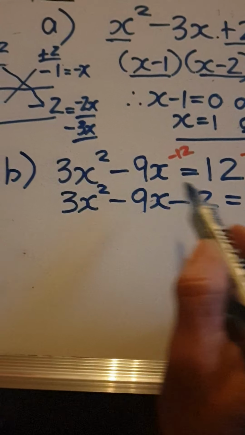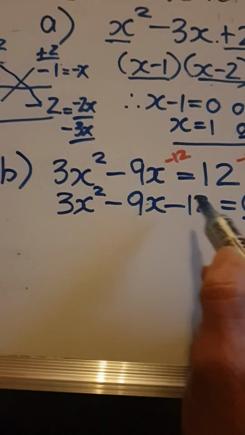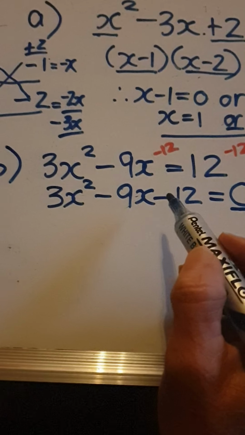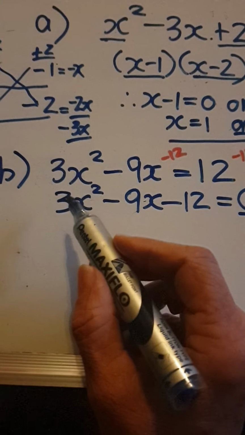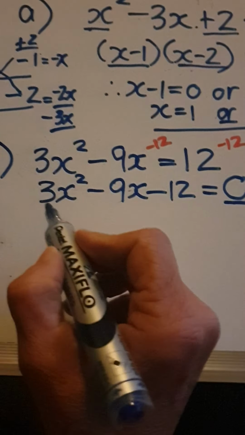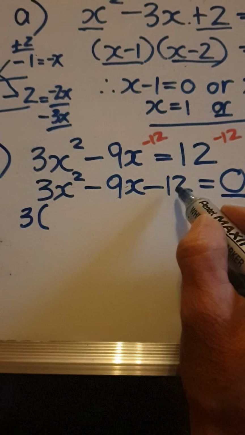If I look at my 3 terms, do you notice something about them? You can simplify this, and we always have to do that first. There's a highest common factor. So I'm first going to take that out, which is 3, as it goes into 9 and into 12.